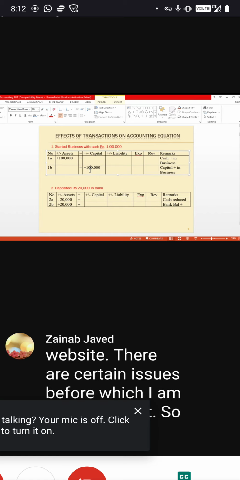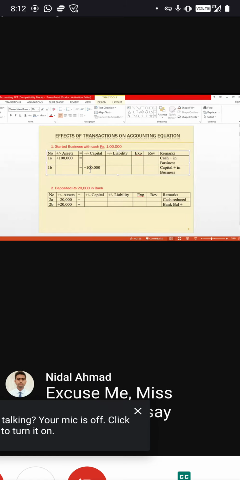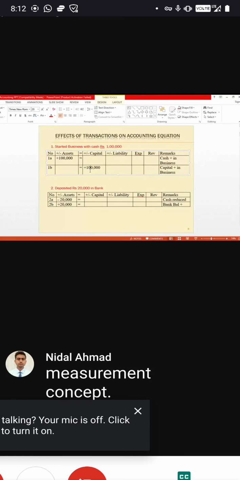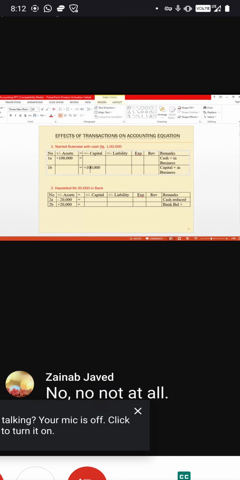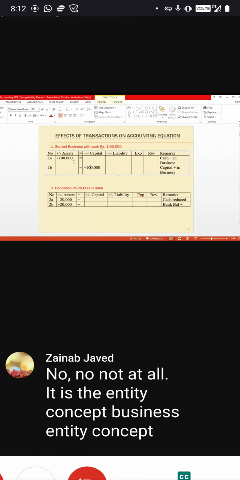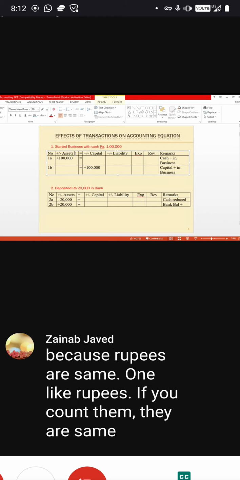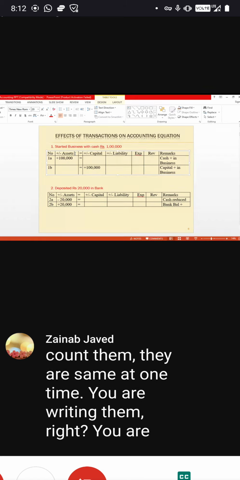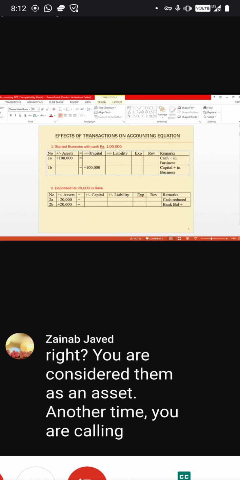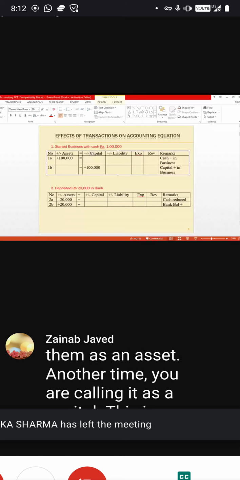Excuse me, sir. I meant to say money measurement concept. No, not at all. It is the entity concept, the business entity concept. Here, the rupees are the same, 1 lakh rupees. At one time, you are writing them as an asset. Another time, you are calling it a capital. So this is because of the business entity concept.